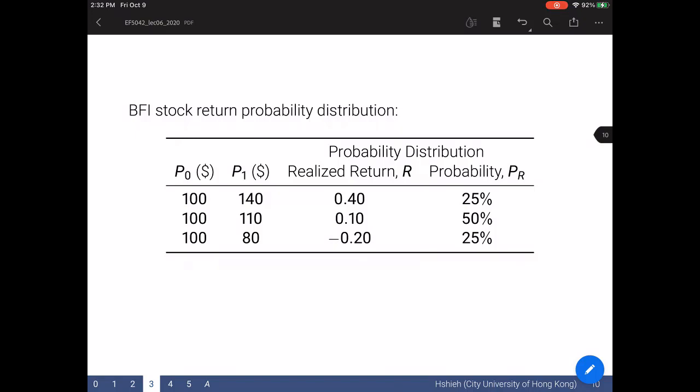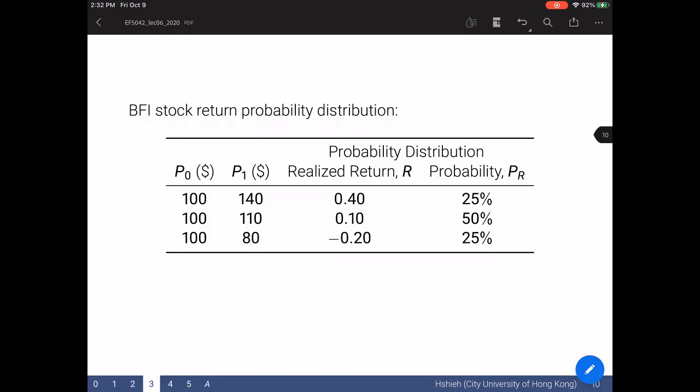Okay? And once we have these return outcomes, we can then try to assign probabilities in order to figure out what the mean and variance of this particular asset or stock is. Okay? So based on this table, it seems that the stock has a 25% chance of moving from price 100 to 140, a 50% chance that the stock goes from 100 to 110, and a 25% chance the stock will decrease to 80 by 20%.